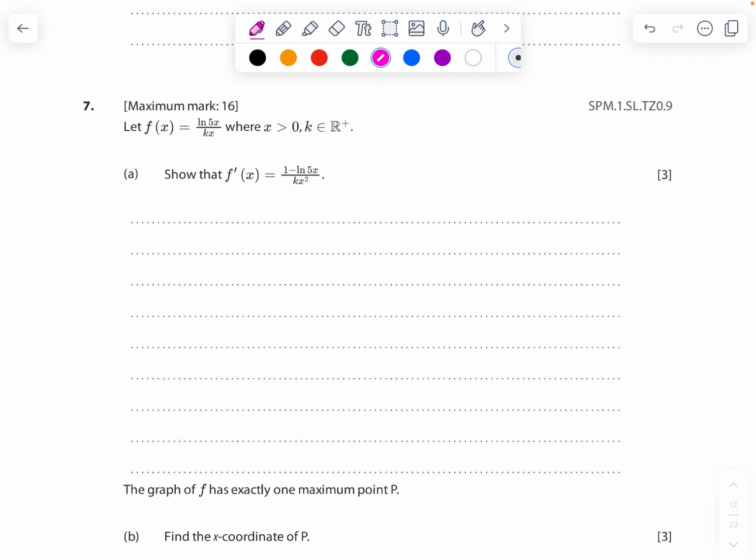Question number 7. f of x equals ln 5x upon kx. Show that f prime x equals this. So what am I going to do? I am going to do quotient rule. So it becomes kx whole square, kx times the derivative of ln 5x, which is 1 upon 5x times 5, minus k times kx square... what is the kx derivative, k times ln 5x.